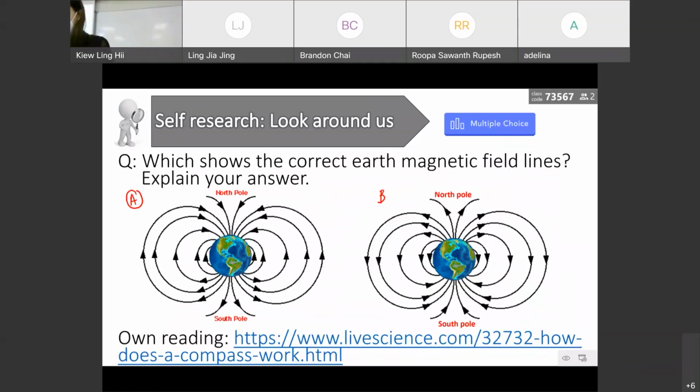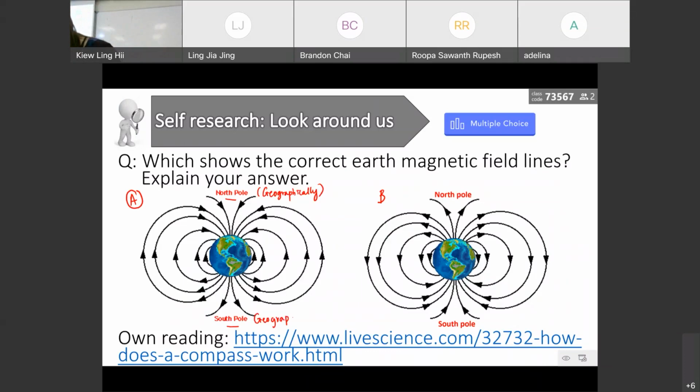Why? Okay, so there are two types of pole. One is geographically North Pole. So this is actually geographically North Pole. However, and this is geographically South Pole.